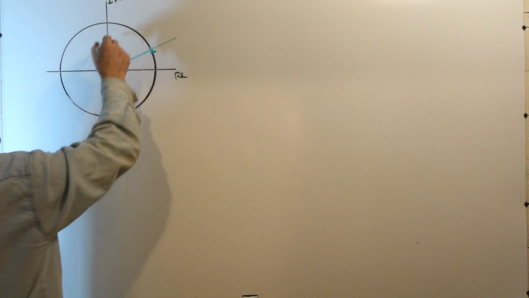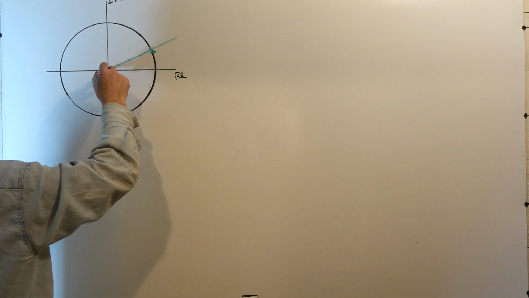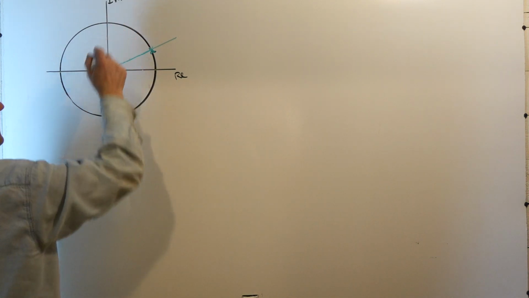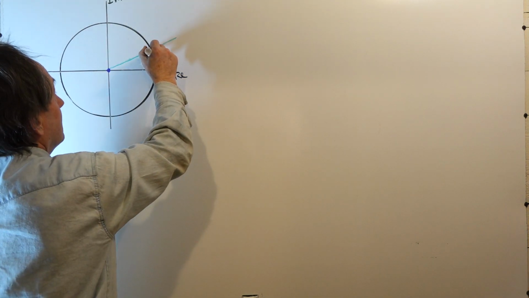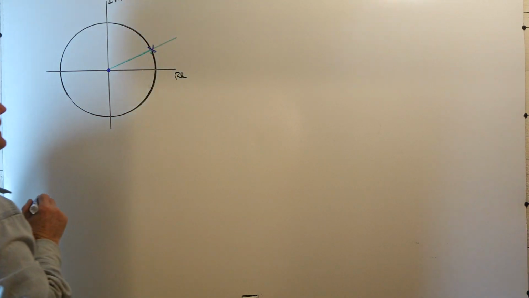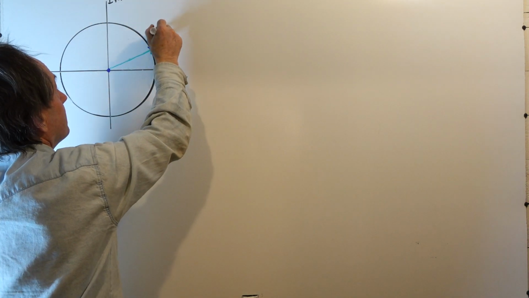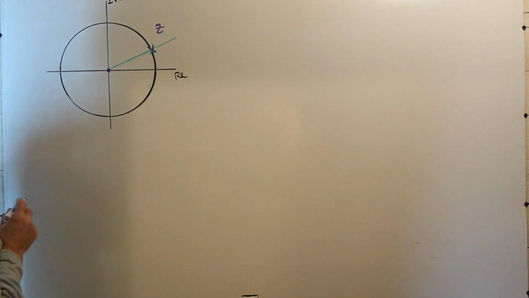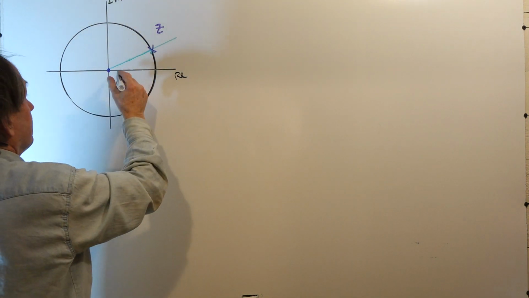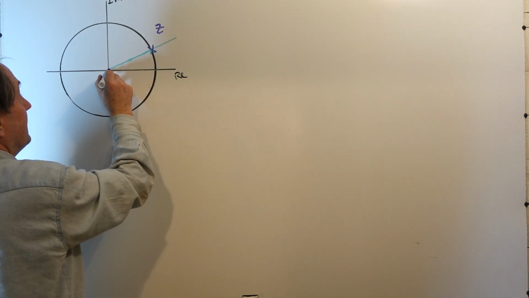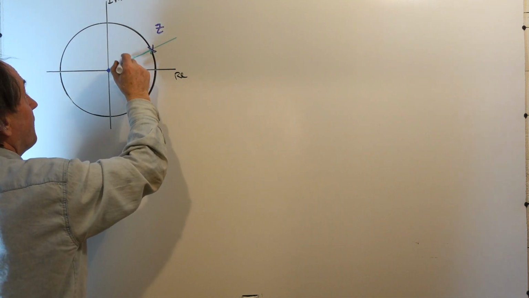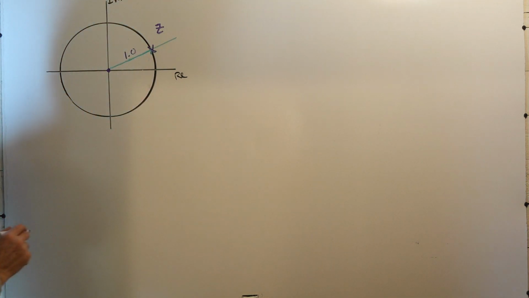That is, every point on this circle is a unit distance away from the origin. So if I pick, say, some complex number z on the unit circle, the radial distance from the center out to that point has magnitude 1.